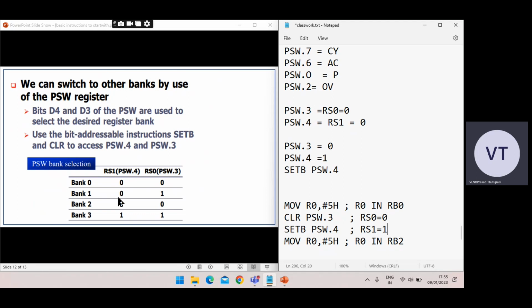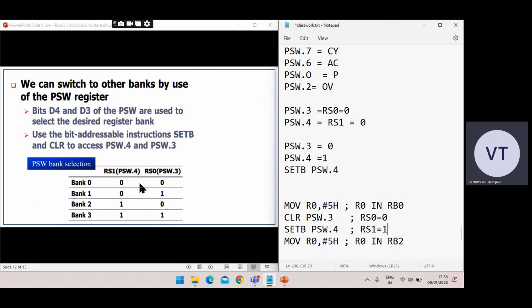If RS1 is 0 and RS0 is 1, the bank is bank 1. If RS1 is 1 and RS0 is 0, the bank in usage is bank 2. If both register select bits are ones, the bank you are using is register bank 3.